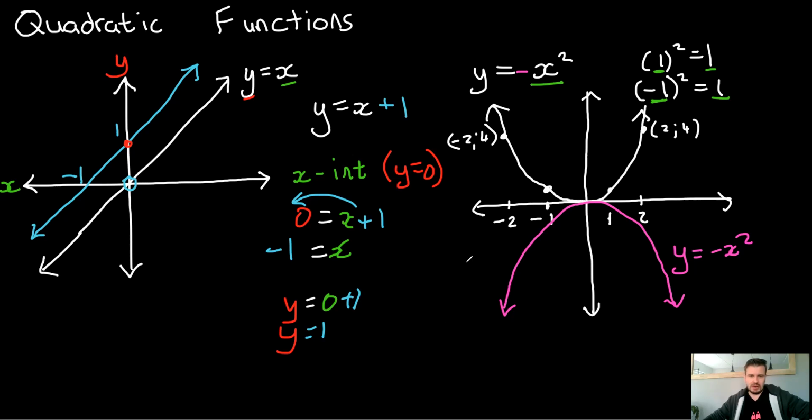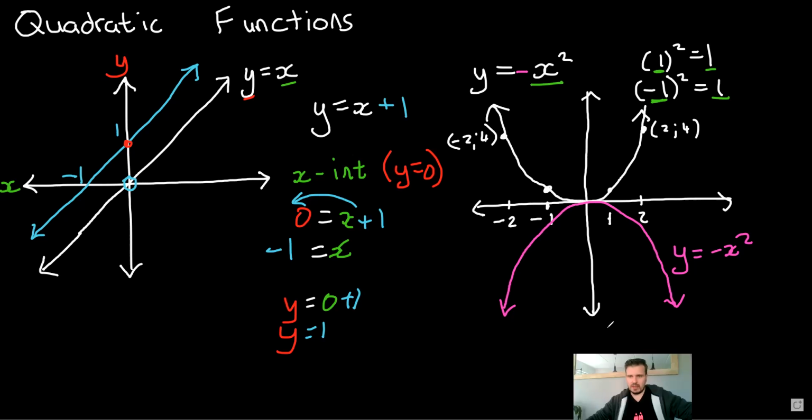Okay. Now that is talking about the shape, and then the idea of your intercepts. If I was to replace x with a 0, I'd have 0 squared, so I'd have y equals 0, and so we notice that it goes through the origin again. And if y was 0, well, x would have to be 0.